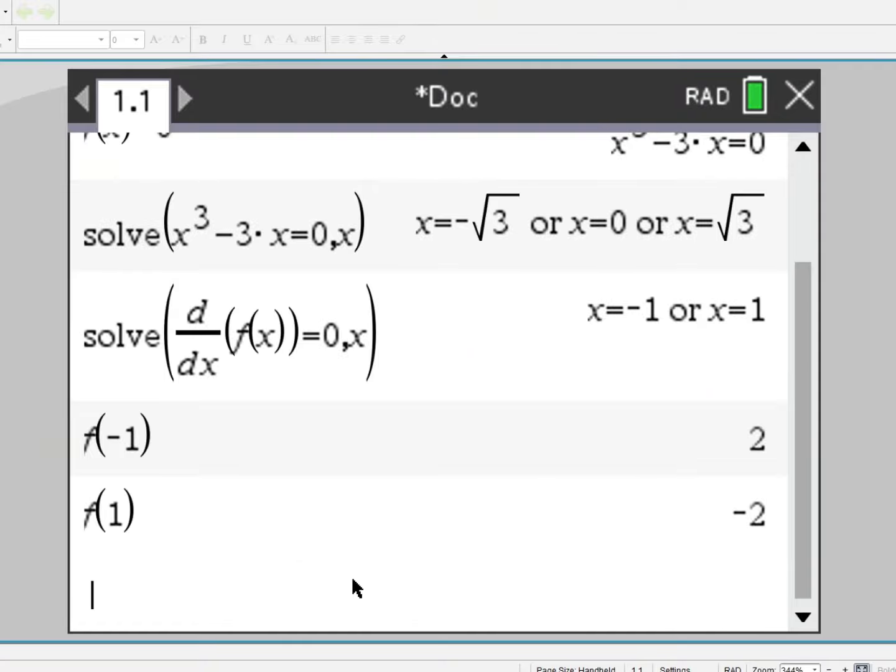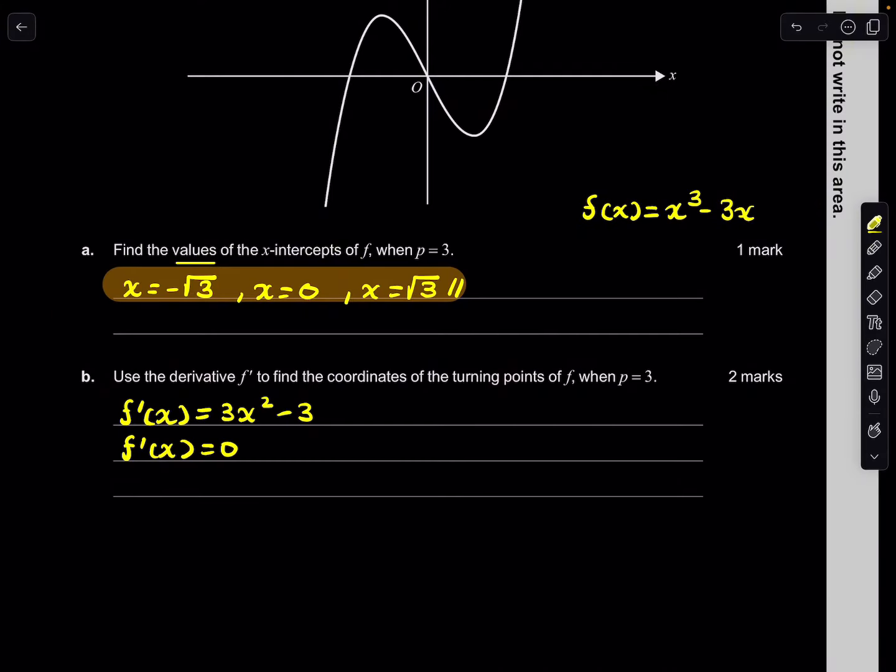Let's write that down. The coordinates are negative 1, 2 and 1, negative 2. The first mark comes from finding the derivative, and the second mark is getting those coordinates. So this is what you need.